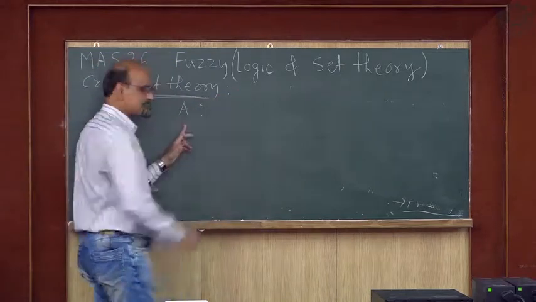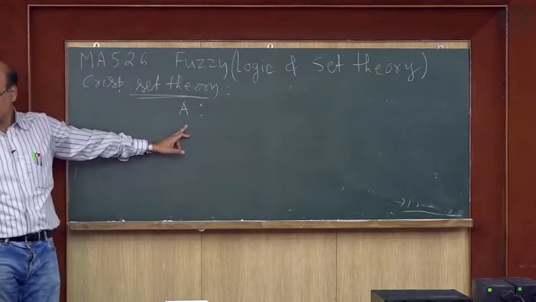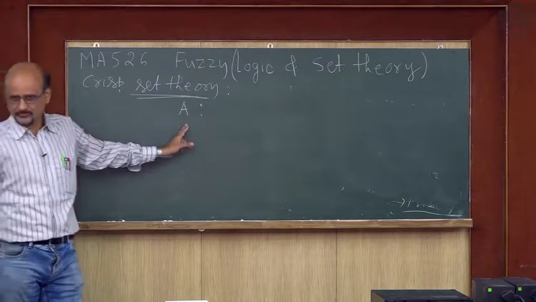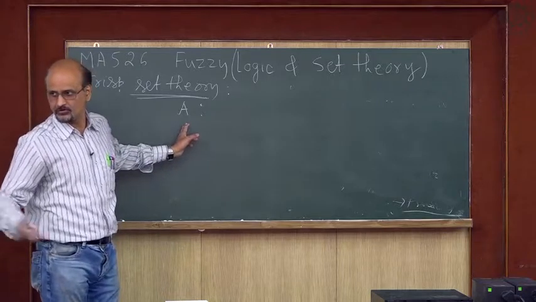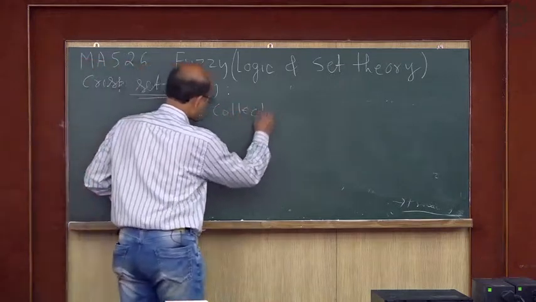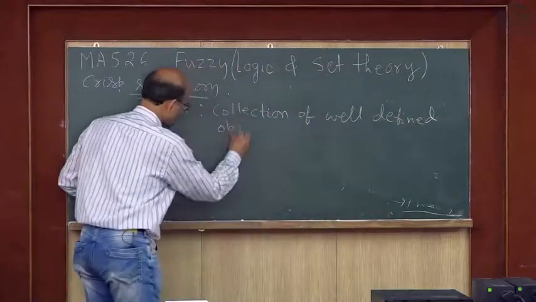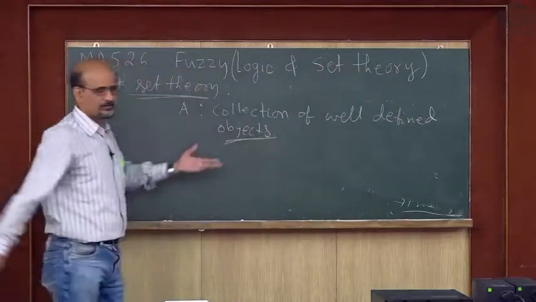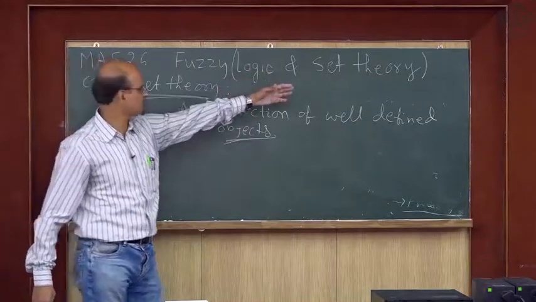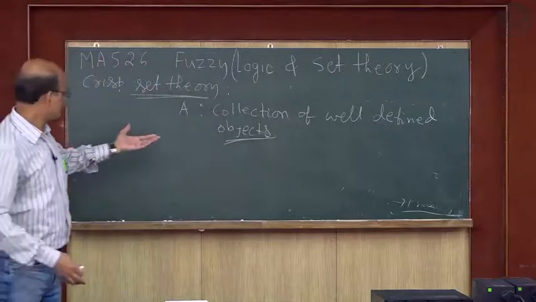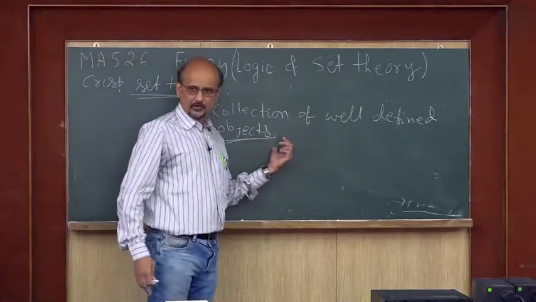If I say A is a set, then it is a collection of well defined objects. A little bit I am just revising or introducing this set theory, so that I can extend this to fuzzy. Okay? Collection of well defined objects.